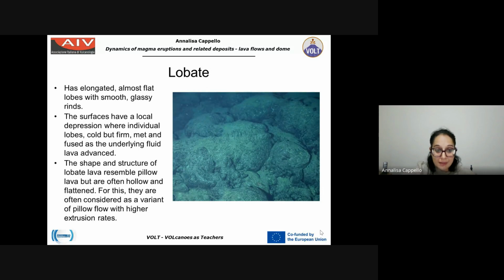What influences is mainly the discharge, the effusion rate, the pre-existing topography, the viscosity, and the flow conditions. For example, a decrease in discharge rate can transform a sheet lava to lobate and eventually to pillow lavas.